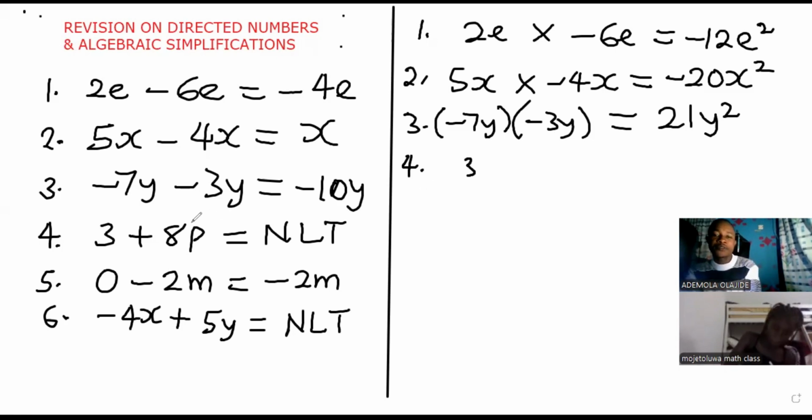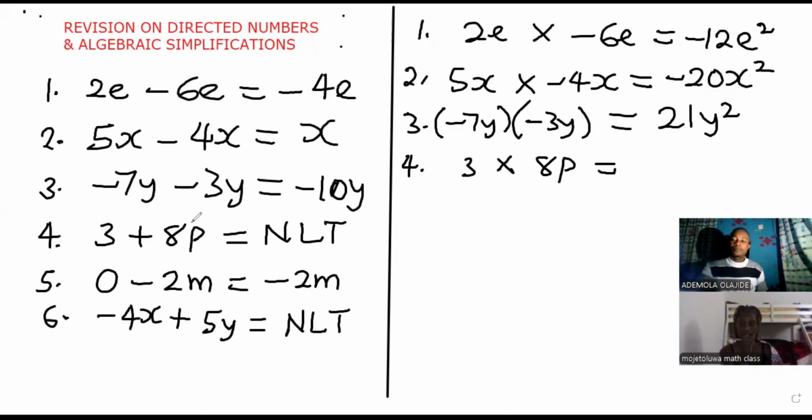If you have 3 to multiply 8p, what will be the result?